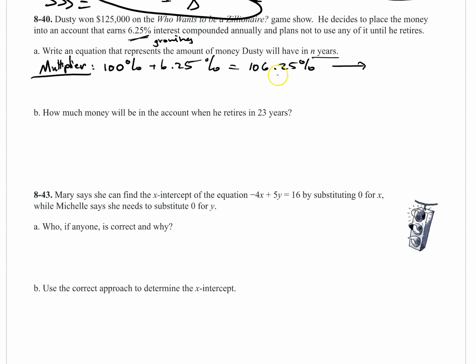Then to turn that into a multiplier, you shift the decimal to the left 2 times. That's 1.0625. Our starting value, or 0th term, actually I'm going to call it initial value here. What did he start with? 125,000.